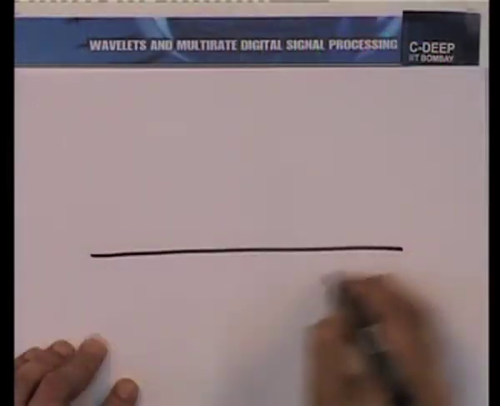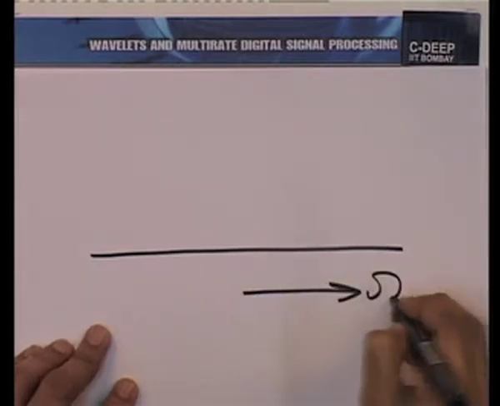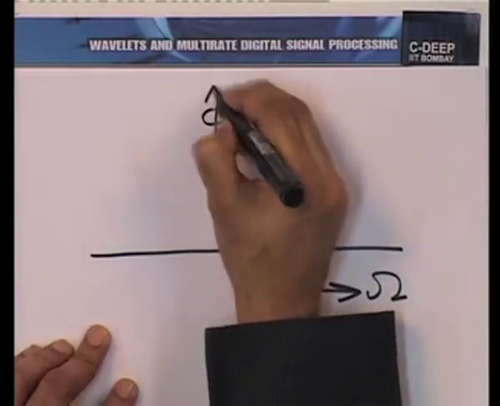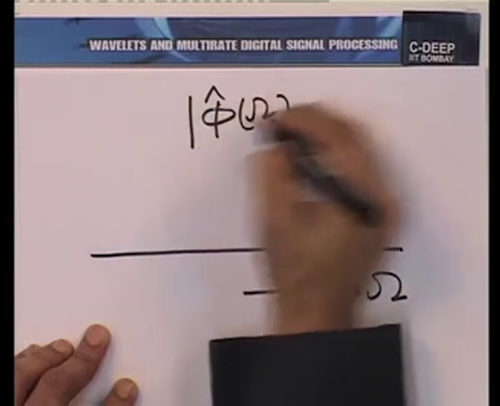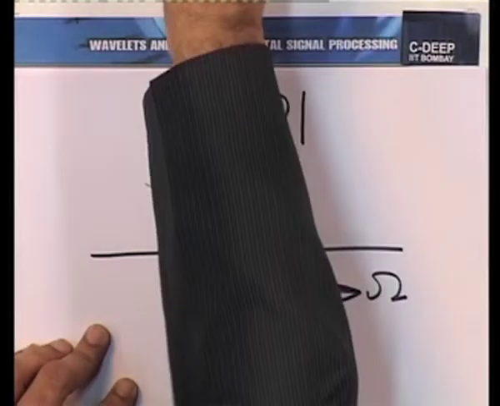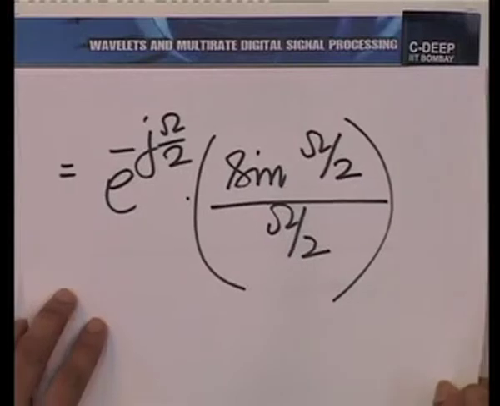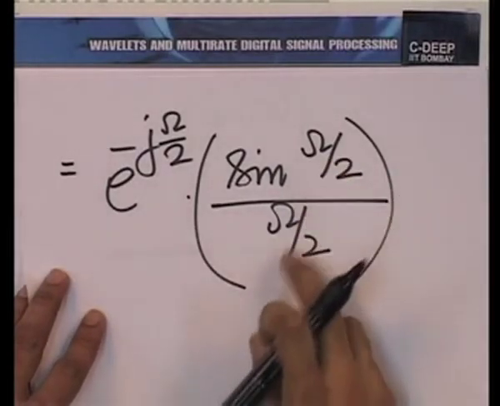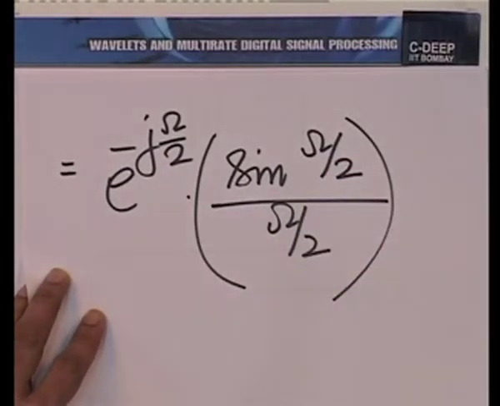The magnitude of phi cap omega looks like this. You see, at omega equal to 0, you will notice that one can use L'Hopital's rule and show that this is equal to 1 in magnitude.